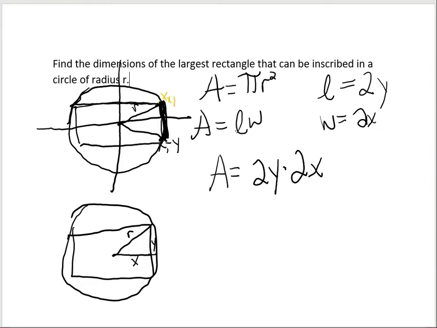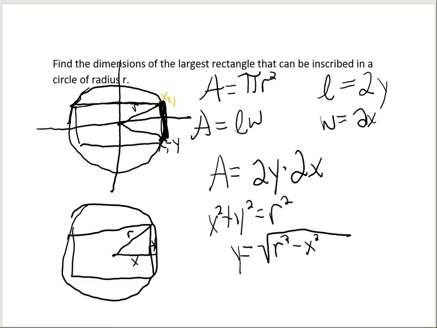Well, remember, we could use Pythagorean theorem. They're going to be perpendicular, so that x squared plus y squared equals r squared. Or, let's say y equals, well, it's a distance, so we'll take it to be positive, square root of r squared minus x squared.